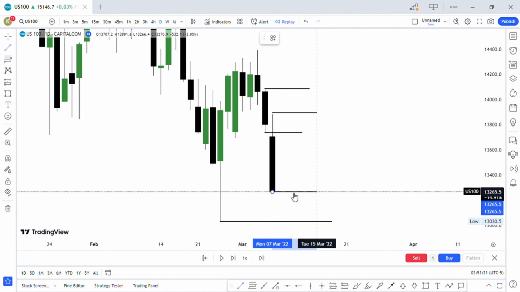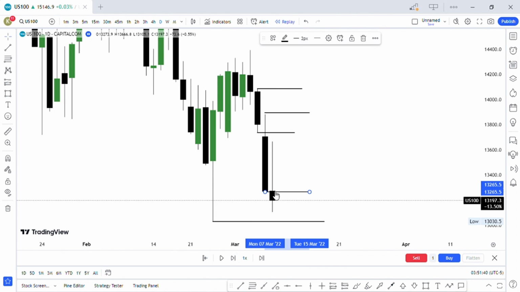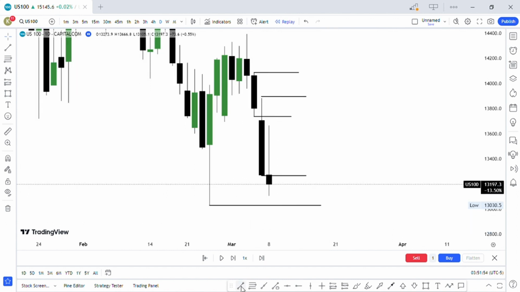We expect this low to be taken. The market went up higher, didn't take this high, but it took the low and it closed below this low. So now we expect it to go down.